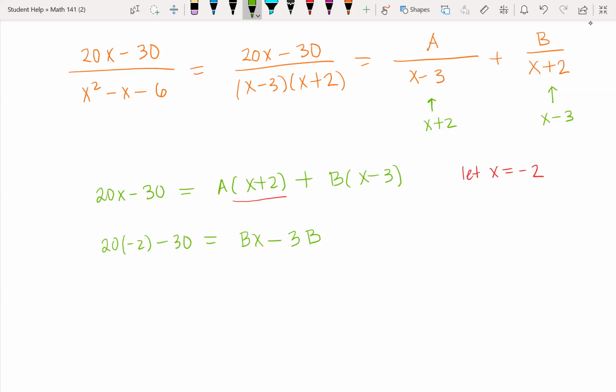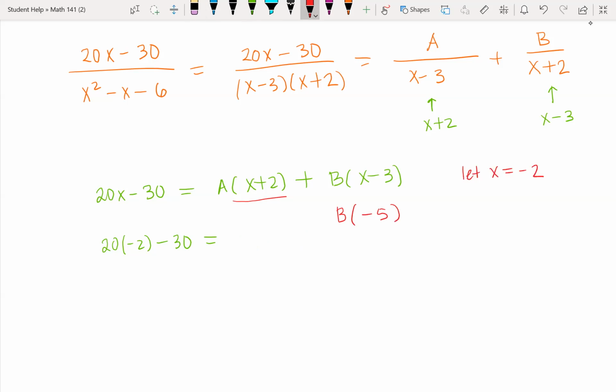And in this case, hang on, timeout. I forgot to put negative 2 in there. Pause. I need to go back. When I put negative 2 here, I'm going to have B multiplied by negative 5, right?